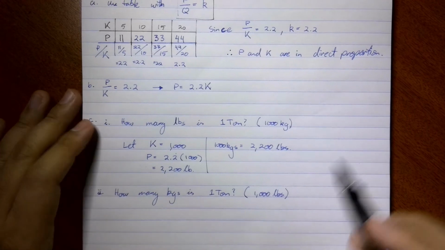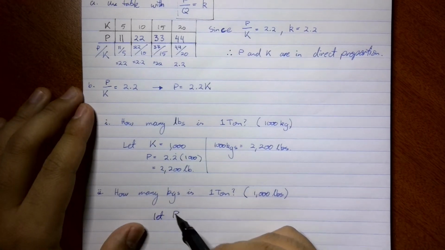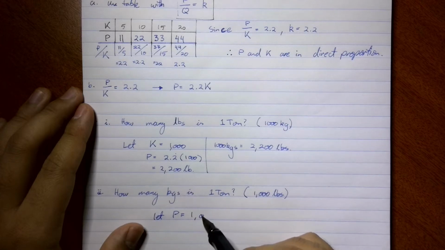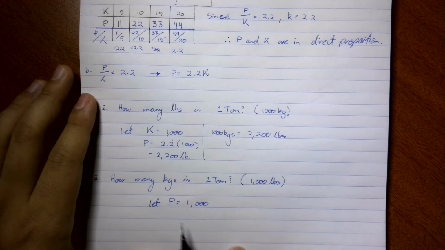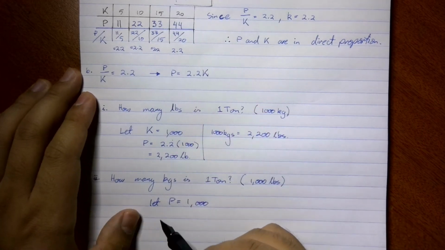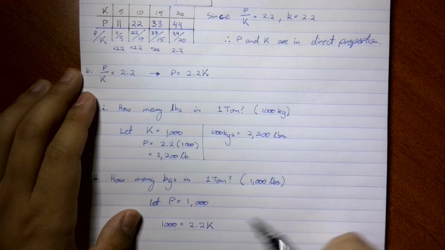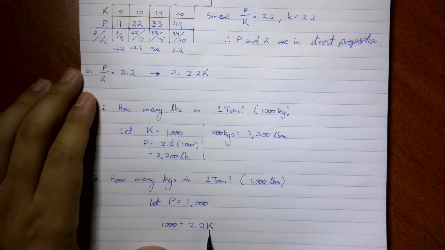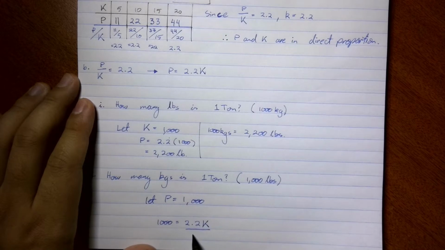So in this example, we let P equal 1,000, and we substitute that value into our equation. So we get 1,000 equals 2.2K, and we want to solve for K. What we do is divide by 2.2 on both sides.